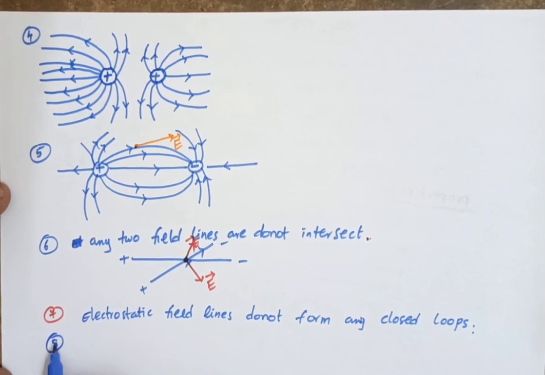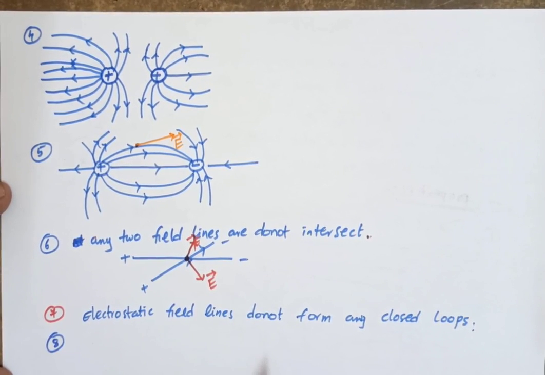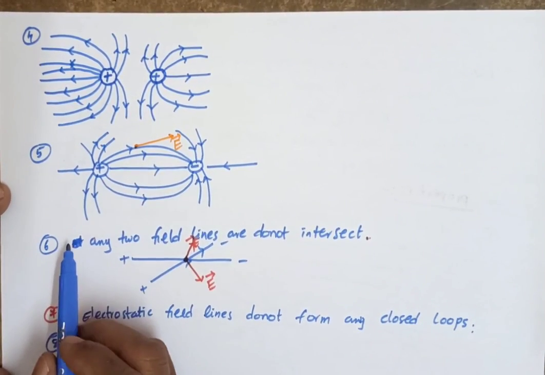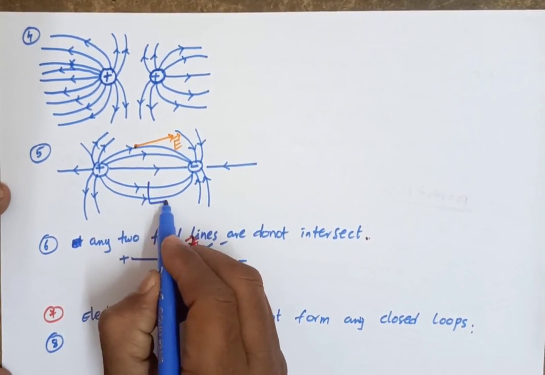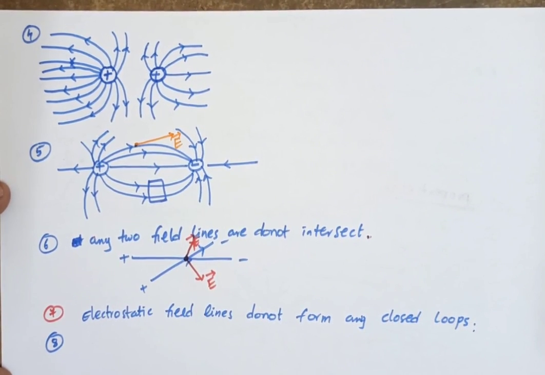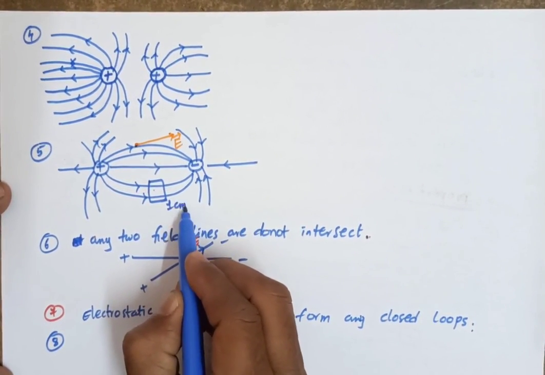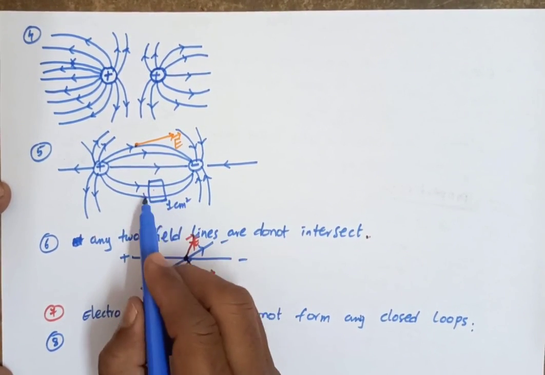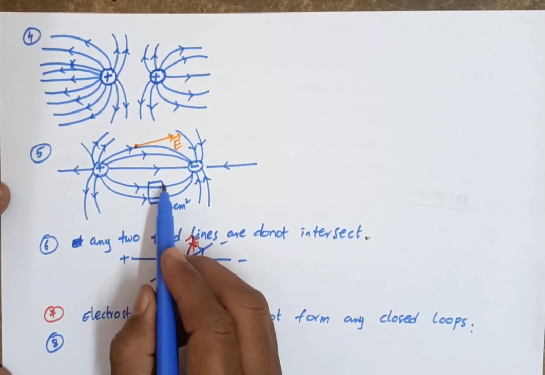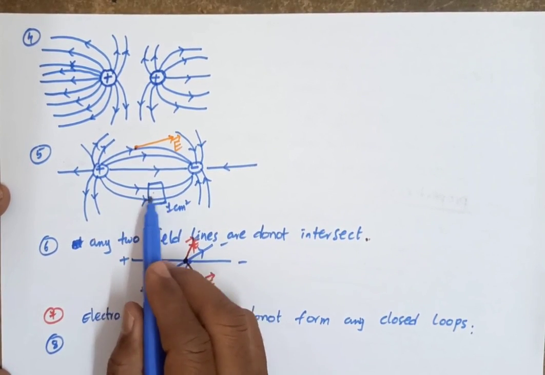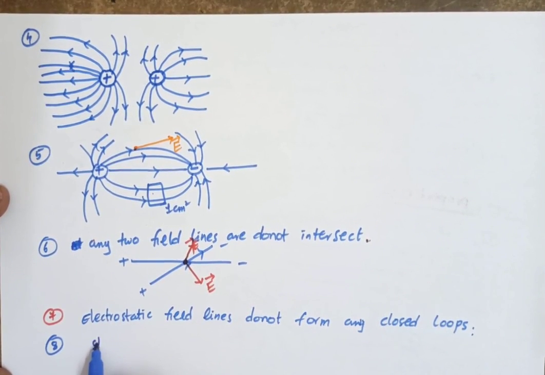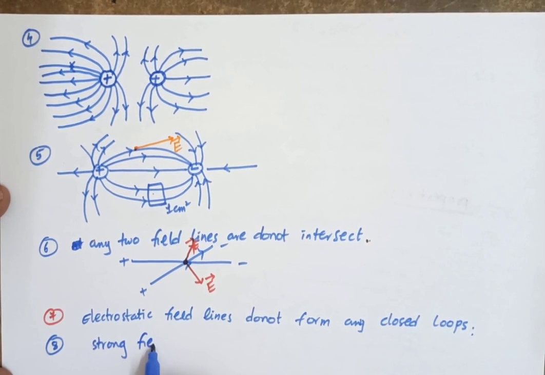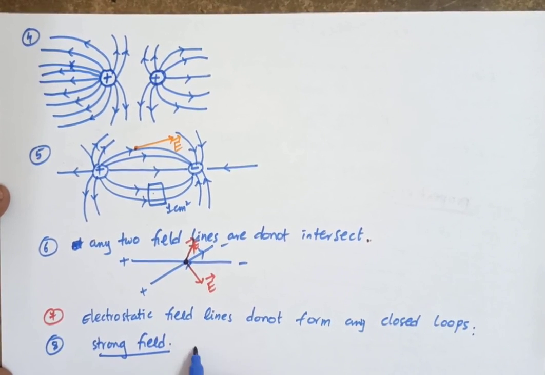Next, the last one, the eighth. Consider the number of field lines passing through a unit area, for example 1 centimeter square. If the number of electric field lines passing through this unit area is more, then the field is a strong electric field.